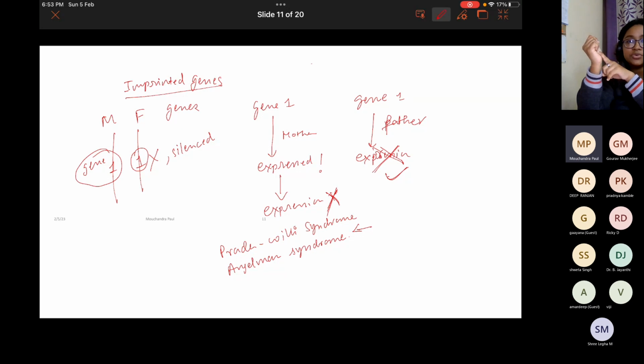Mother will only contribute X chromosomes, right? Imprinted genes can be located in any of the chromosomes, all right? But the sex specificity usually comes when it is associated with the X and Y chromosome.